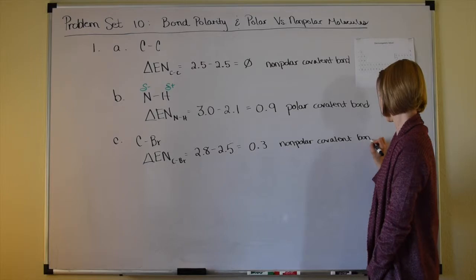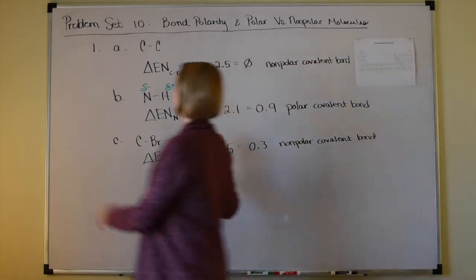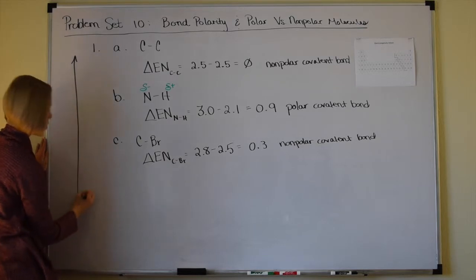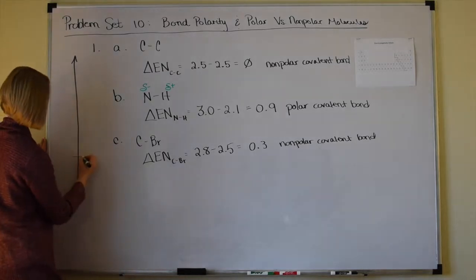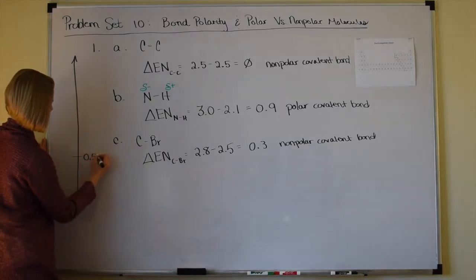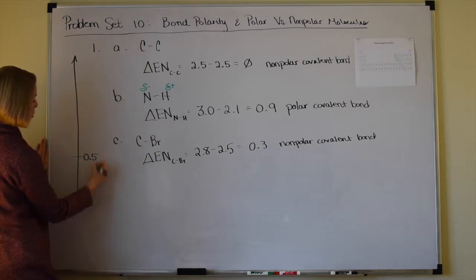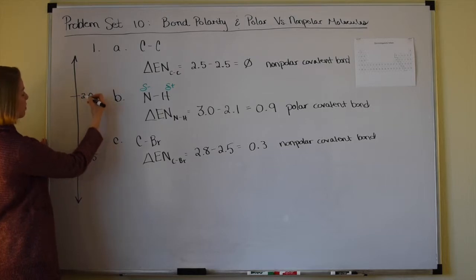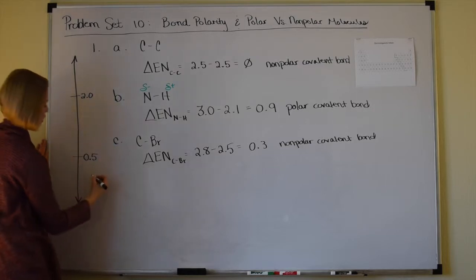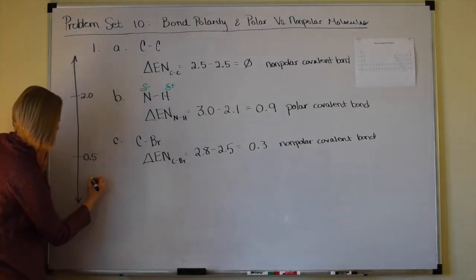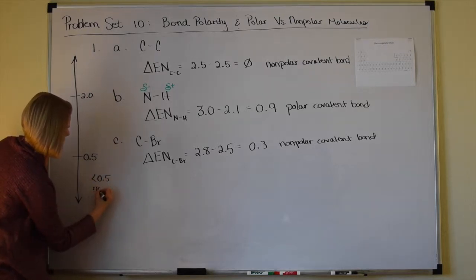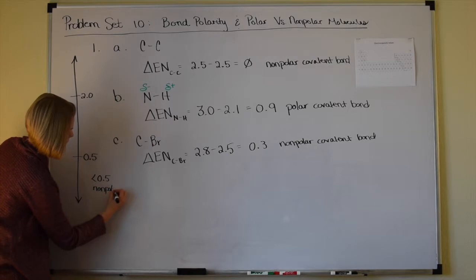bond. Okay, so it might be helpful, y'all, right here, just real quick before we go on to D, that 0.5, remember that's the cutoff between nonpolar and polar, and then that 2.0 was a cutoff between polar and ionic. So anything that was less than 0.5, remember that that's a nonpolar covalent bond.